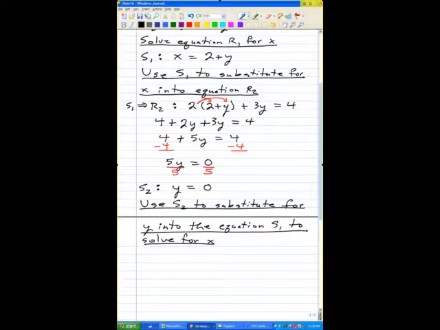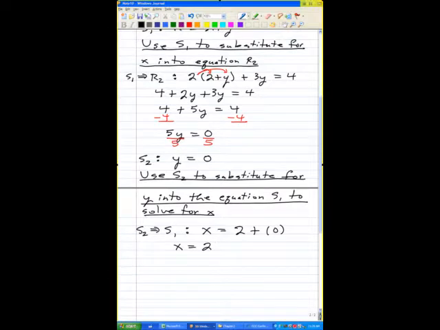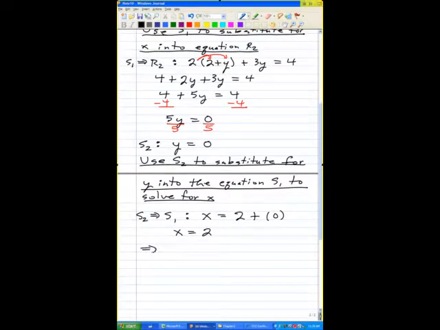Okay, and so now I will use S2 to substitute into S1. And so S1 says x is equal to 2 plus y, but y is 0. And so I have that x is equal to 2 plus 0, which is 2. Therefore, the solution to my equation is x is equal to 2, y is equal to 0. And that is a solution to my system of equations.